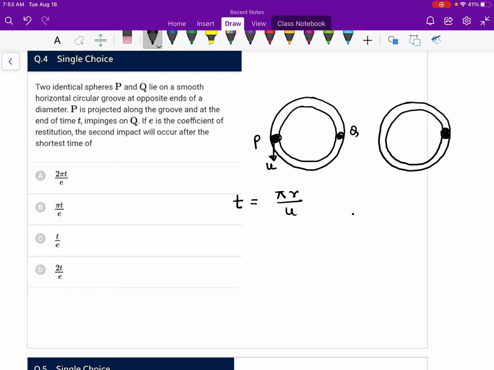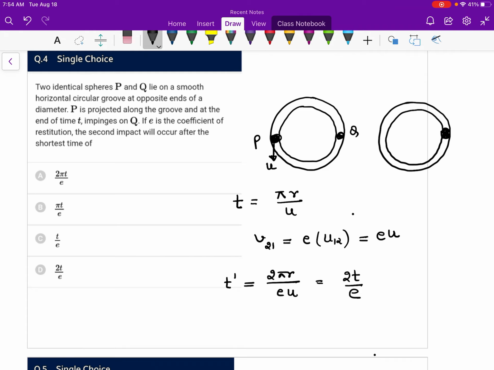The relative velocity of separation v21 is e times u12, that is e times u. So for the second collision, the relative separation 2πr upon relative speed, which is eu, is the time for the second collision. Now πr by u is T, so this is 2T upon e.